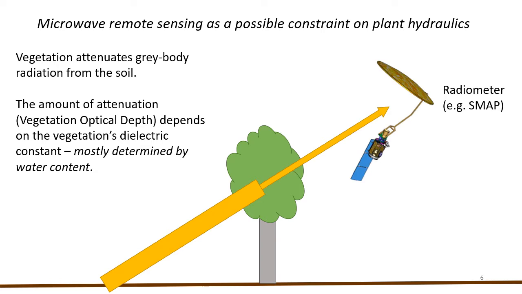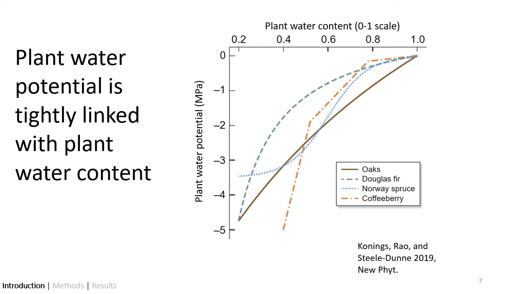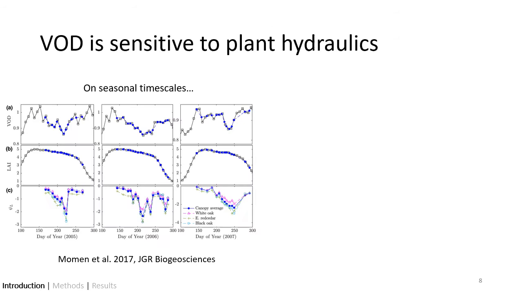Specifically, we're looking at passive microwave remote sensing, which is sensitive to the water content in the soil, as well as the water content in the vegetation through a parameter called vegetation optical depth. And because plant water content is monotonically related to plant water potential through a pressure volume curve, we can use the plant water content information that's contained in microwave remote sensing to learn about plant water potential, which is the key variable in hydraulics that drives water flow through plants.